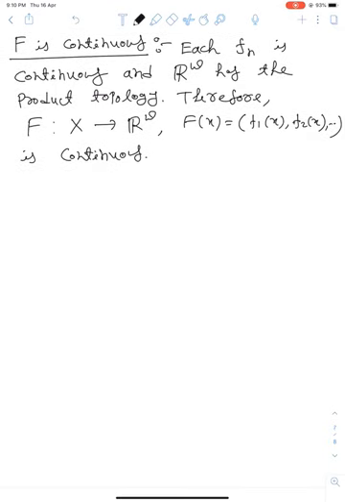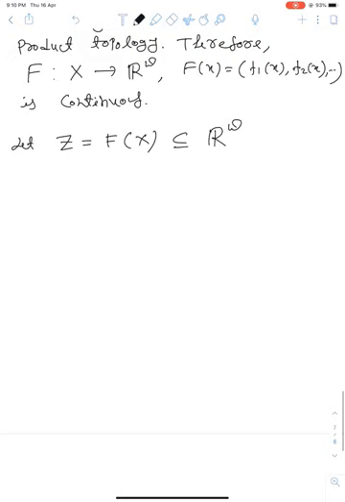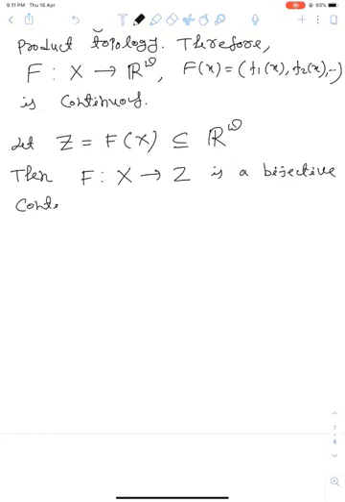Now let Z equal to f(X), which is a subset of R^omega. Then the function f from X to Z is a bijective continuous function, because f is already continuous and 1-1.